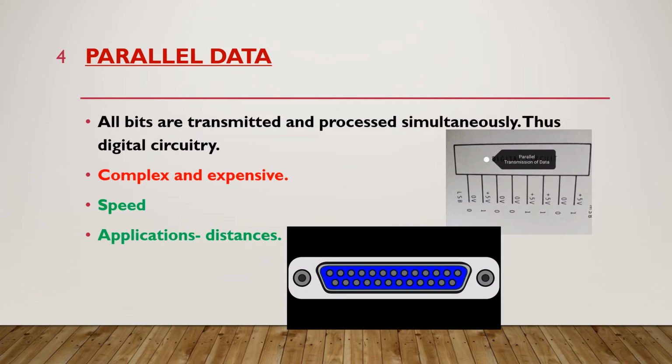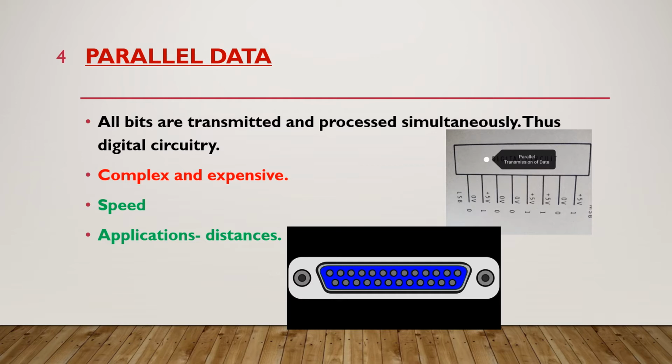So next we see the parallel data, and in the parallel data all bits are transmitted and processed simultaneously. If you see the first diagram on the left hand side below in the blue color, it is basically the connector of the parallel data.